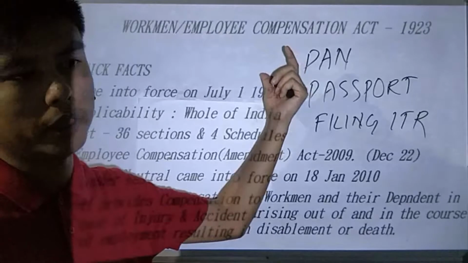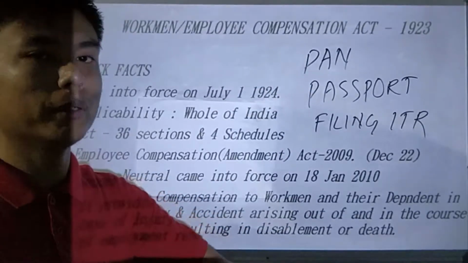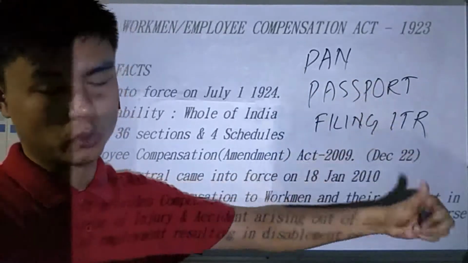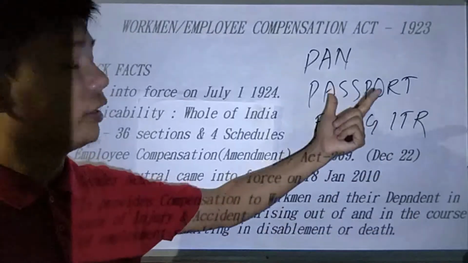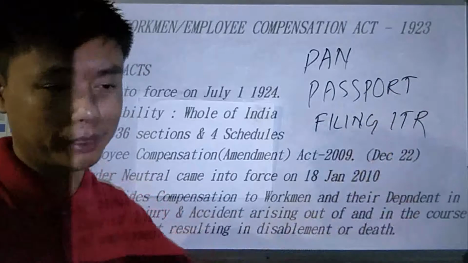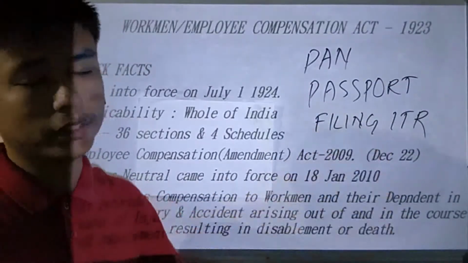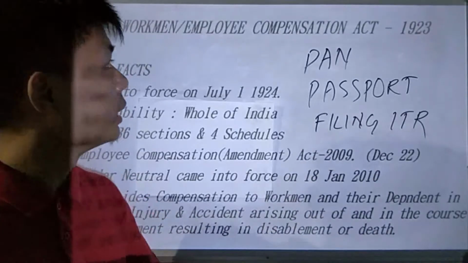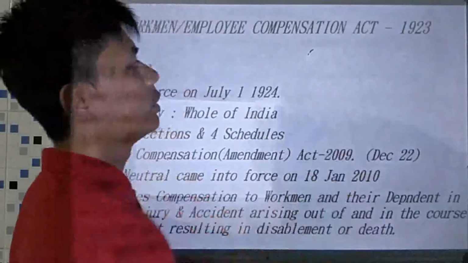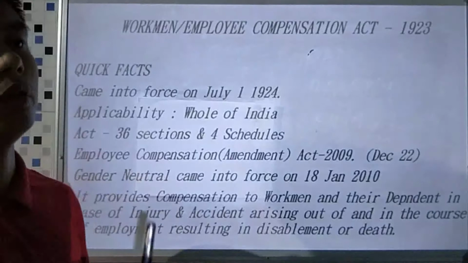Even in urban areas, many people won't know how to apply for a passport. So we have to visit agency shops, pay some extra money and then apply. Same thing with filing ITR. The same goes for employee compensation. I'm not saying everything is related, but in today's world, you have to know each and everything.